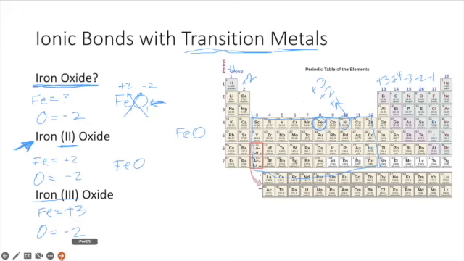So if I were to write out the molecular formula with the symbols and subscripts, I would have Fe2O3, right? Because I was swapping those charges. Oxygen normally has a -2 charge. Iron has, in this case, a +3 based off of the name.